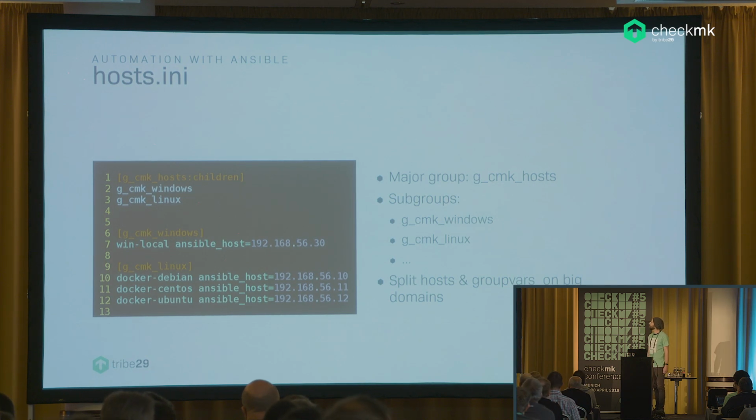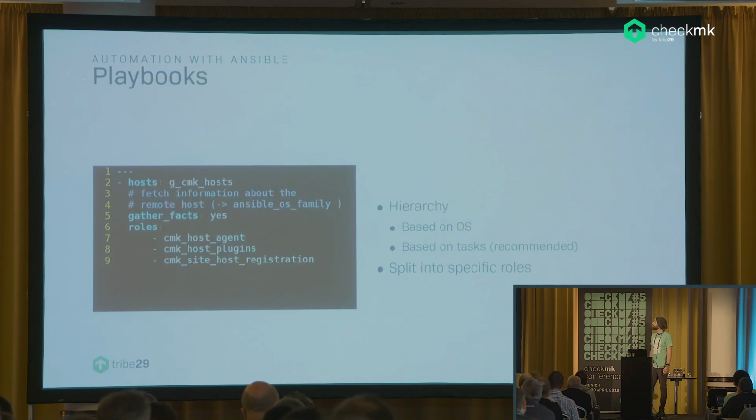Then with this host file, you can actually use the playbook. The playbook I already mentioned. So the example playbook is pretty simple. I have the parent group up here, and I then don't have to adapt it. I only do that in the host ini, and then I also have framework information.